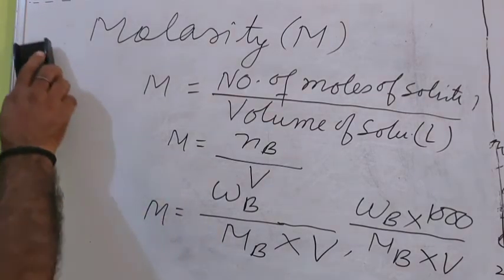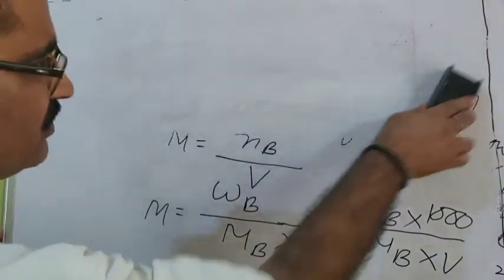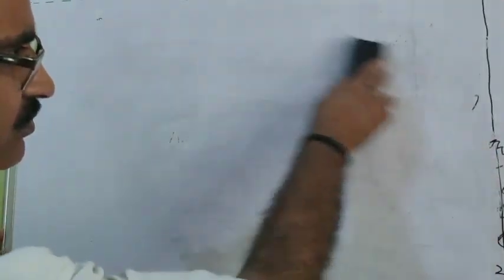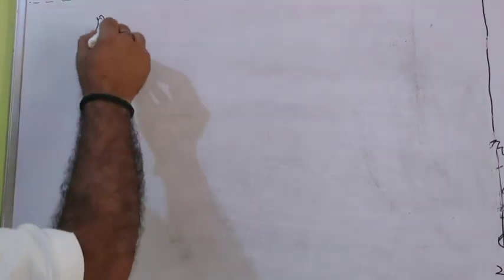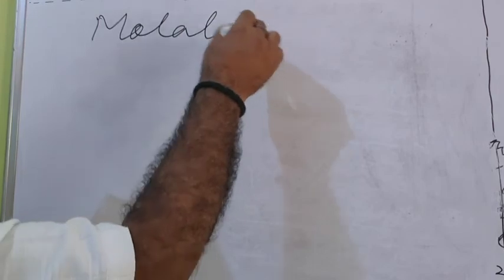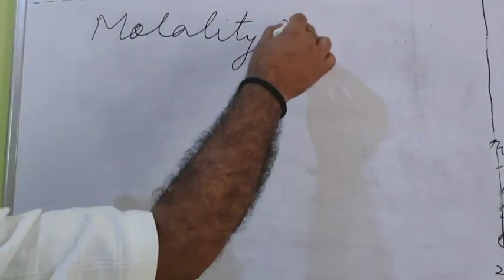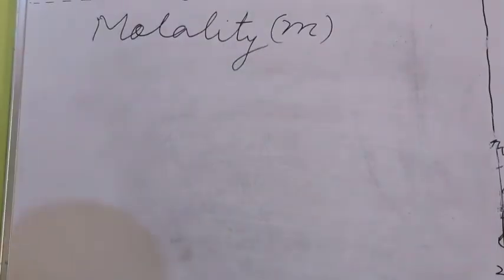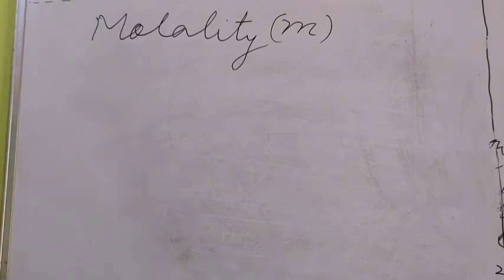Next is molality, which is represented by small m. So molality is the number of moles of solute present in per kilogram of solvent.